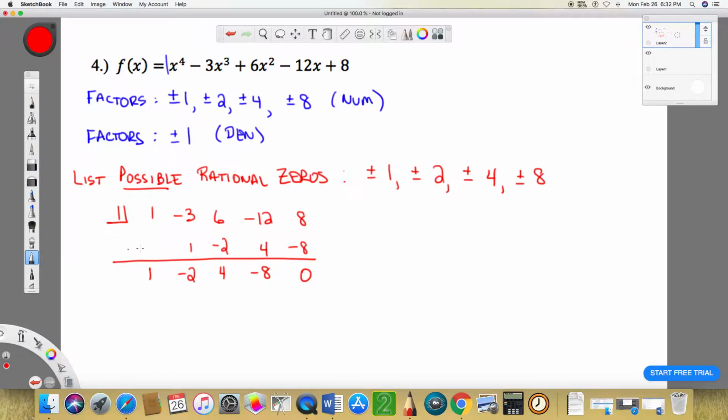All right. Let's try negative 1 and see what we have here. Yeah, that's not any good. Nope, and that's not 0, so we're done with 1, and negative 1 didn't work.